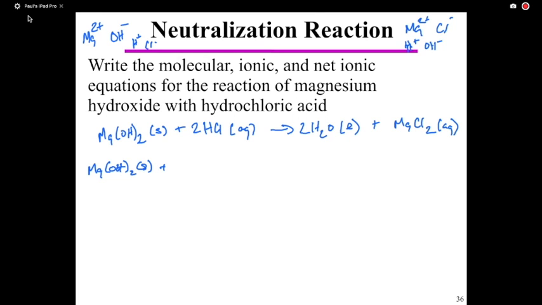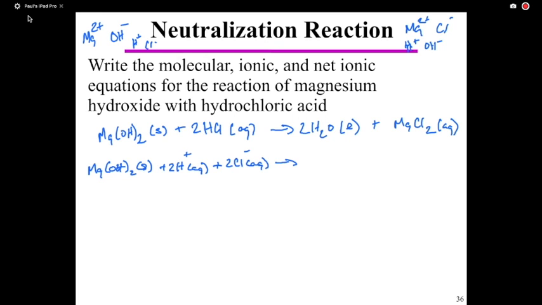So what is the ion? Hydrogen. What is its charge? Plus. How many do I have of them? 2, and label it. What is the ion? Chlorine. What is its charge? Negative. How many do I have? 2, and it is aqueous.